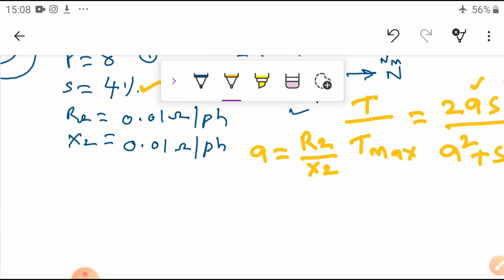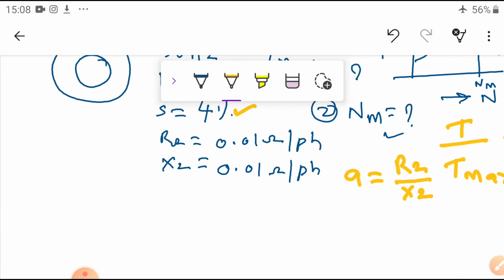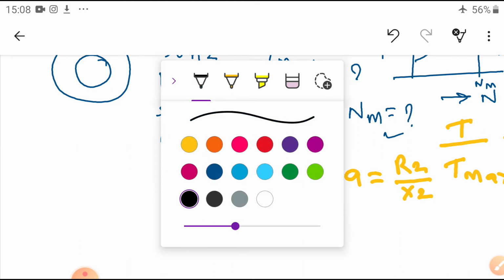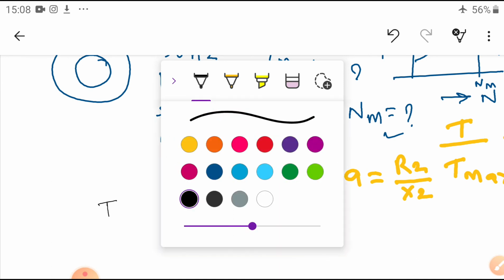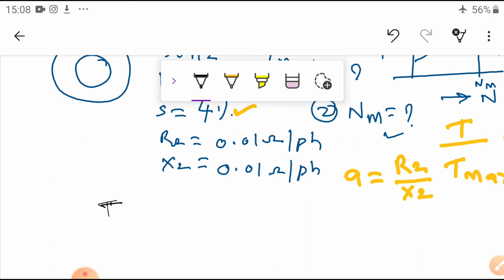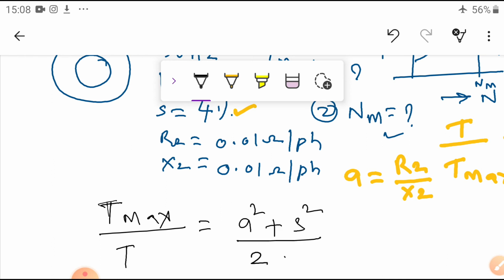Now you can do it. So what is the formula? It is asking for T max by T full load, which is equal to a square plus S square by 2aS.